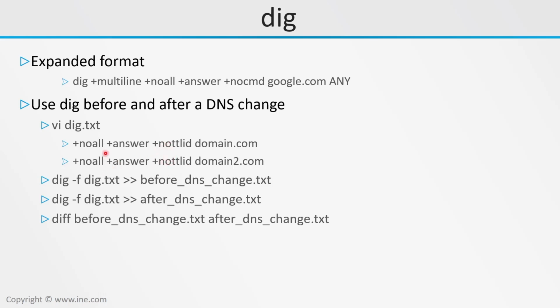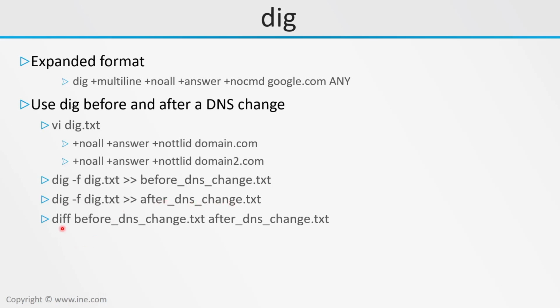So after we create that, we can run a dig and point it to this file, dig.txt, to another file called before DNS change, and then we can make our DNS change and then run the same dig after and call it after DNS change.